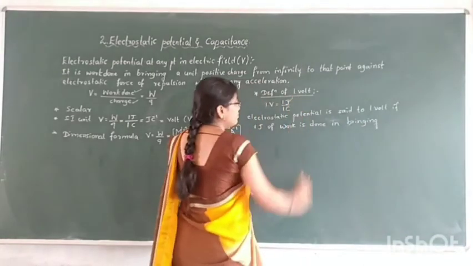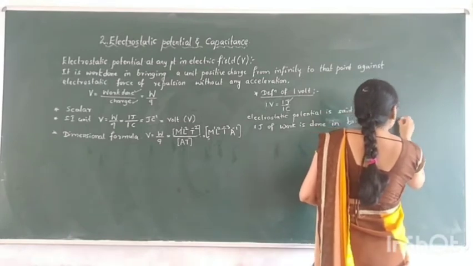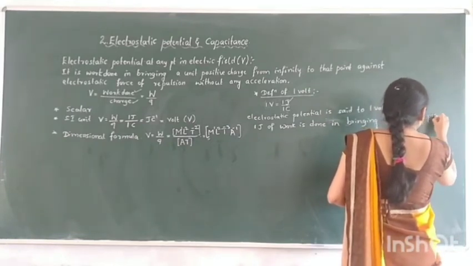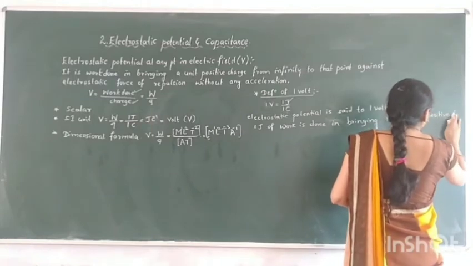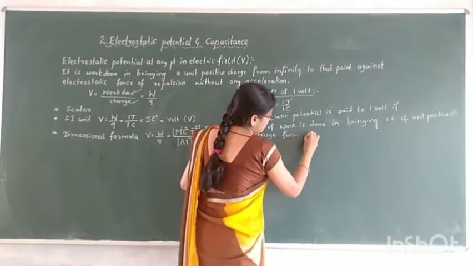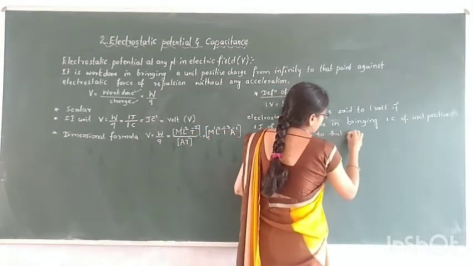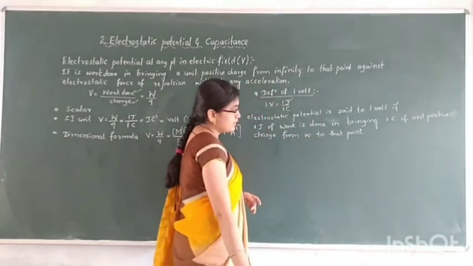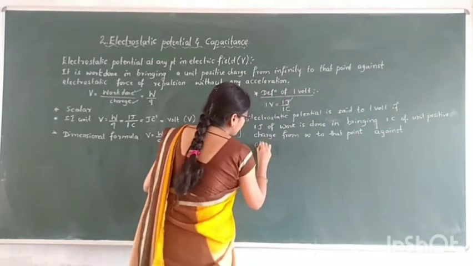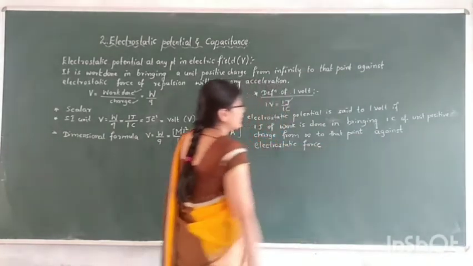That is 1 joule of work is done in bringing 1 coulomb of unit positive charge from infinity to that point against the electrostatic force.